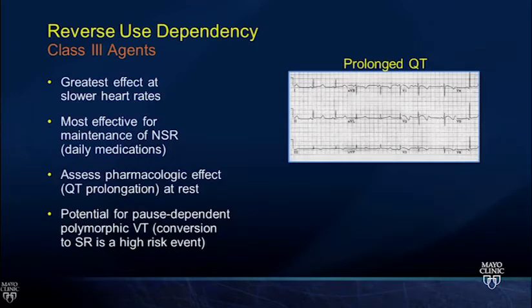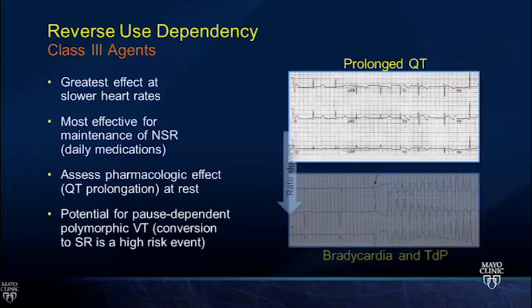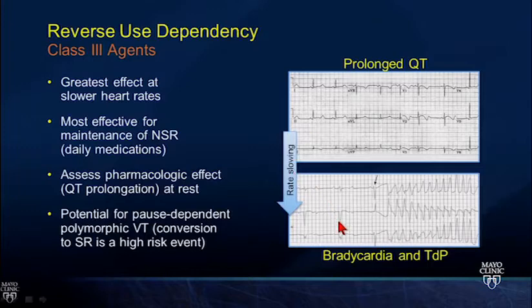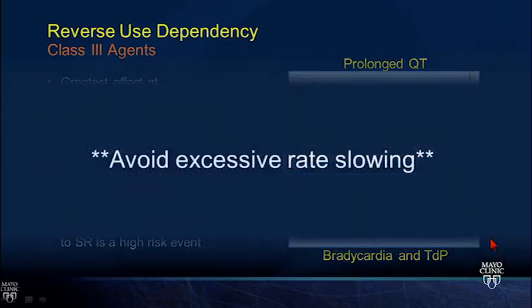But keep in mind, avoid excessive bradycardia in patients on potassium channel blockers, because that can start an EAD and torsades. In this particular patient, when he develops 2-to-1 AV block, the QT prolongs even more, and you have EAD resulting in torsades. So avoid bradycardia and long pauses in patients on potassium channel blockers.